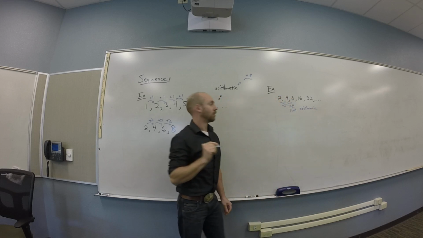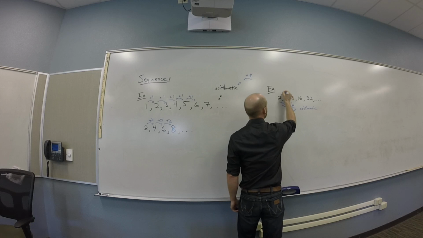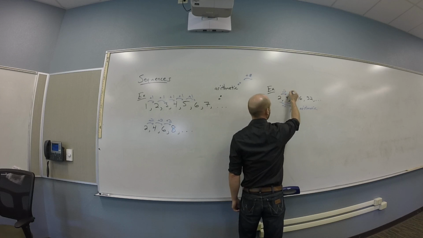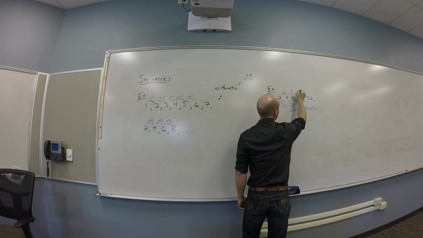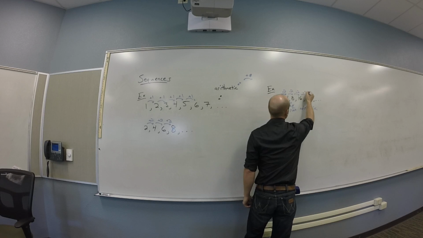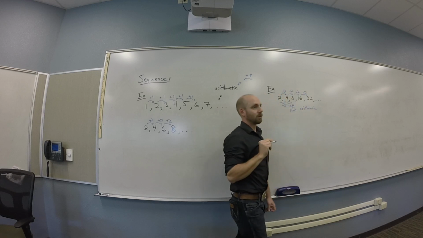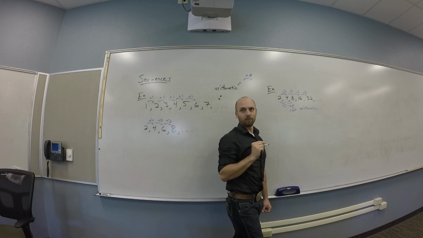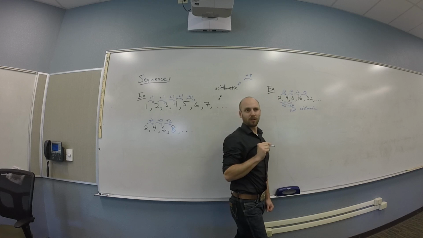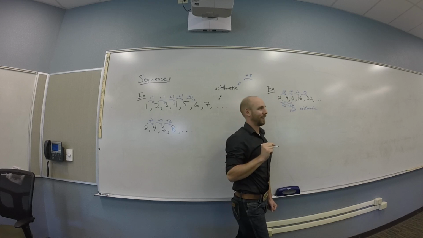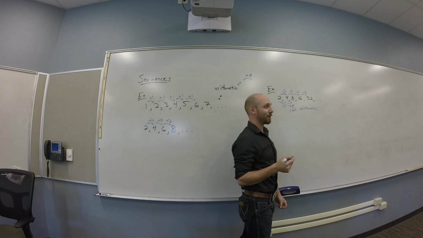Instead, my transition map is multiply by 2 at every stage. You guys cool with that? You guys remember a word for this from Algebra 2 maybe? Multiplicative would be a really great word, but we're not going to use that.